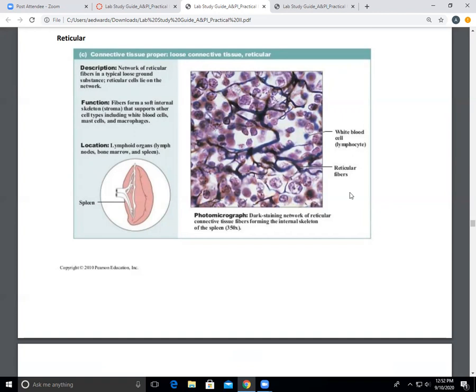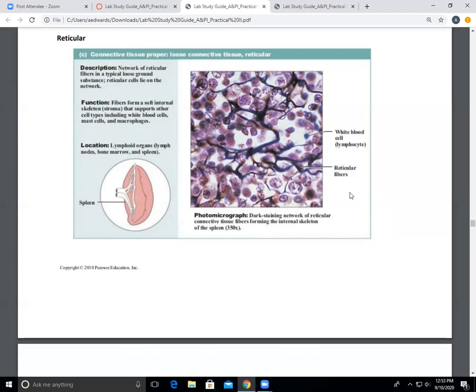We'll get into those in a minute. Technically, connective tissue is your big category, and these are subcategories.